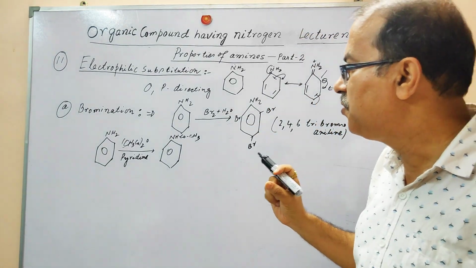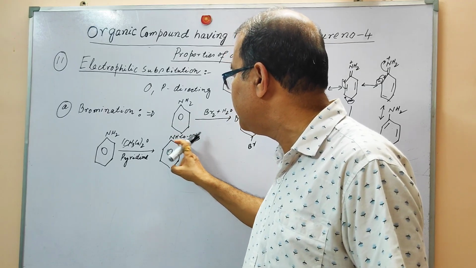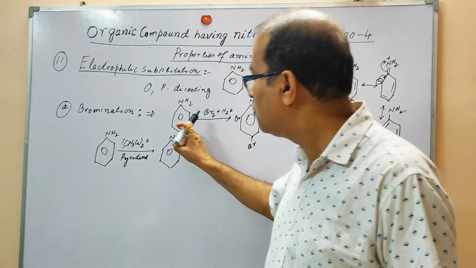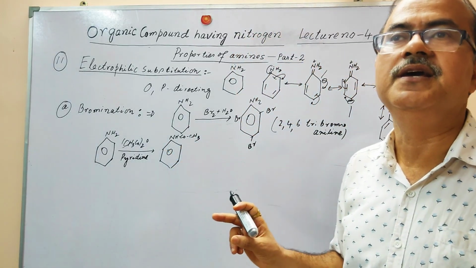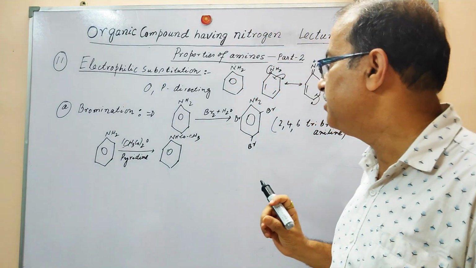At that time the activity of the amino group is restricted. The lone pair of electrons will be in resonance with this oxygen atom rather than going to the benzene ring. It is less available to donate to the benzene ring.